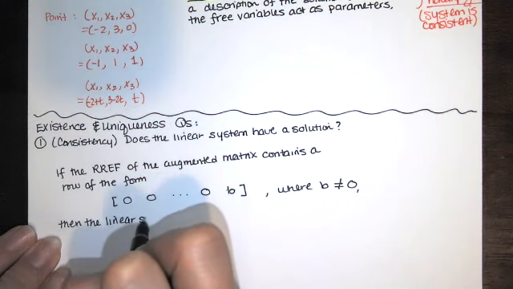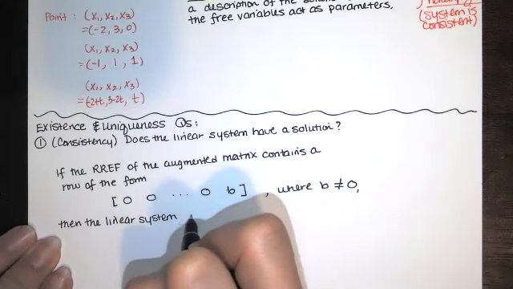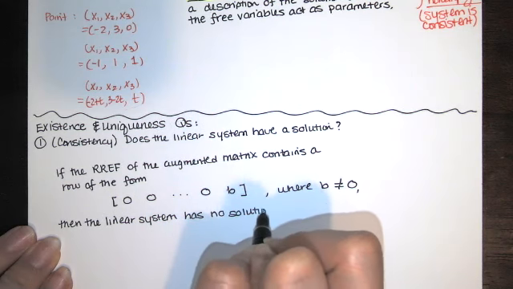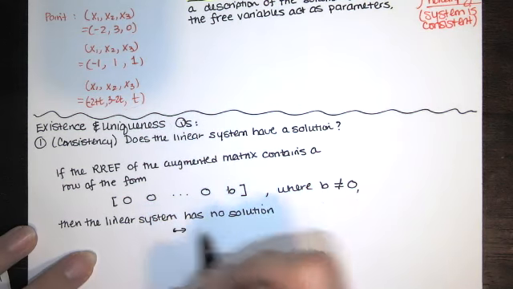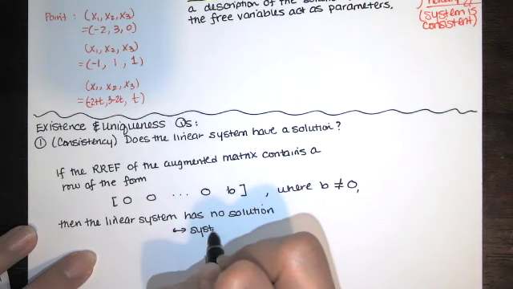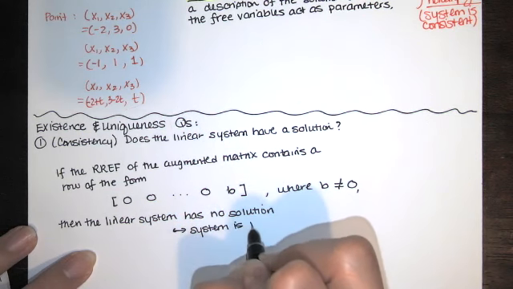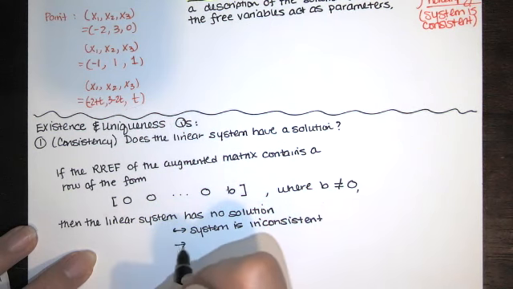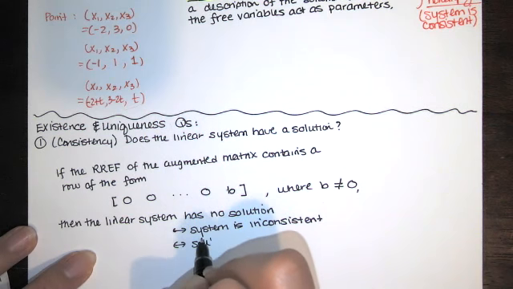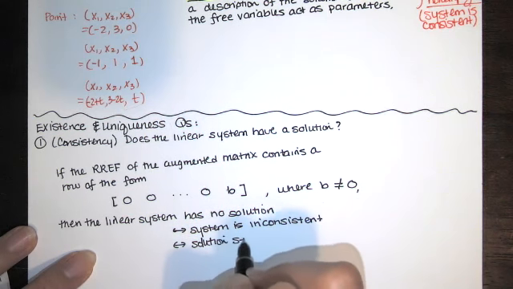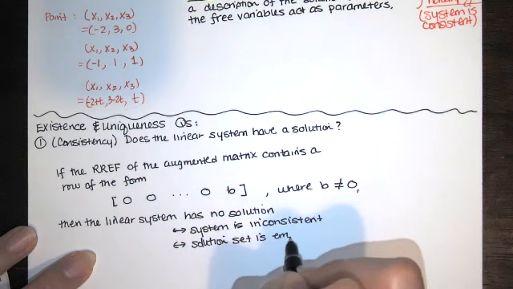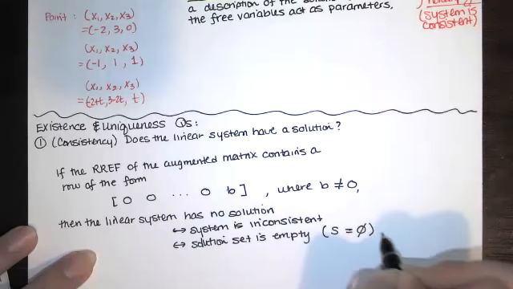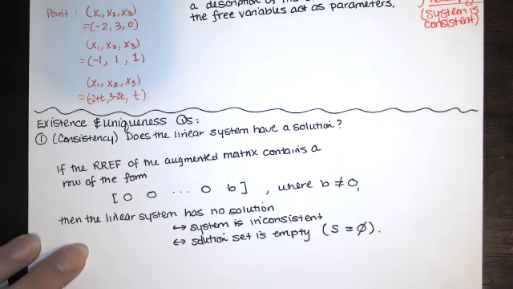The linear system has no solutions, which means that we say the system is inconsistent. In other words, we can say that the solution set is the empty set. Or if S represents a solution set, we'll say S is equal to the empty set, like that.